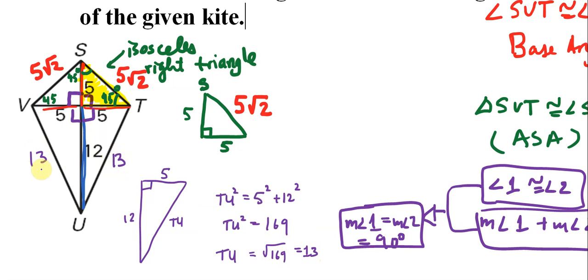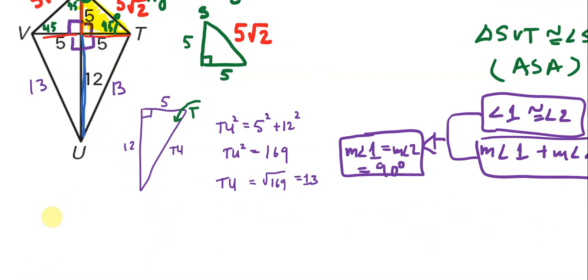All right, and it gets better, right? We can also figure out the measure of this angle here, because one of the things we want to do is figure out the measure of all the angles of this shape. So this angle in here, this is T. I guess we should name this length here. That's T, right? I'm running out of space, so I'm going to write it over here. If you look at our picture, I'm going to use the tangent ratio.